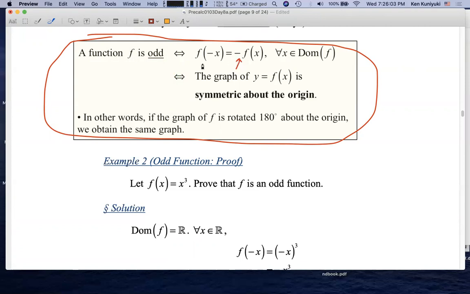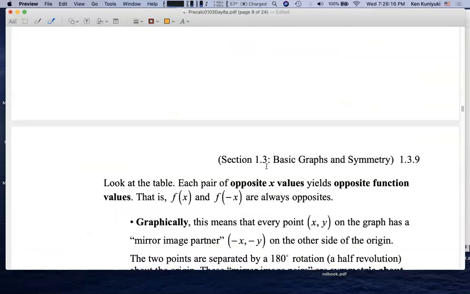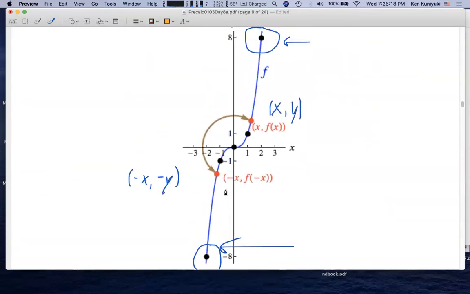The function value at opposite x is the opposite of the function value at x. And this is indicated graphically by symmetry about the origin. If the graph is rotated 180 degrees about the origin, we get the same graph. Like for the graph of this rising snake, y equals x cubed. Rotate it 180 degrees about the origin, you get the same graph.